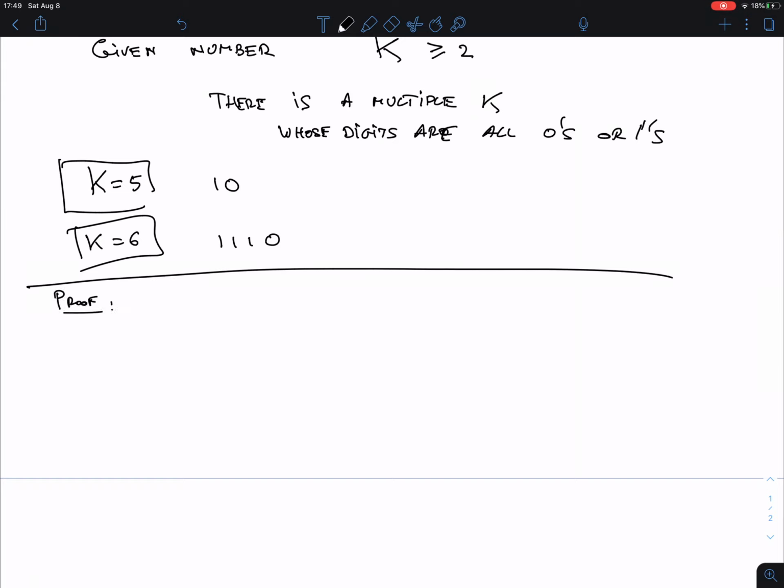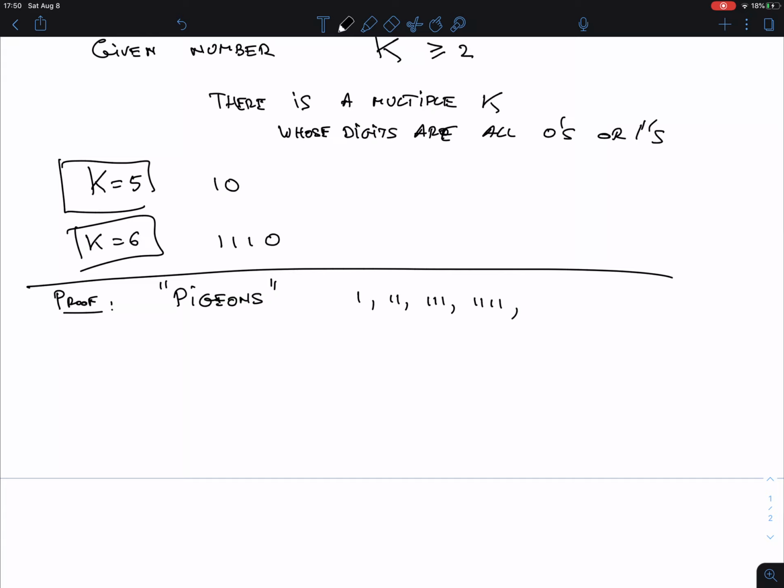Okay, so here's the proof that this is the case. So what are going to be my pigeons here? My pigeons are going to be the following numbers: 1, 11, 111, 1111 in digits, right? These are decimals, okay? Don't think that I'm talking about binary here.